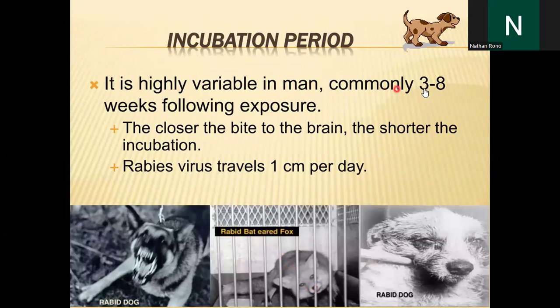Incubation period. It is highly variable in man, commonly 3 to 8 weeks following exposure. The closer the bite is to the brain, the shorter the incubation. So this is something you have to remember. What this means is, if a rabid dog bites me on the forearm, and it bites my friend on the neck, we'll have a shorter incubation.